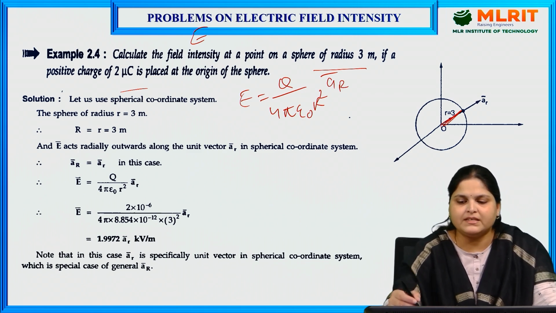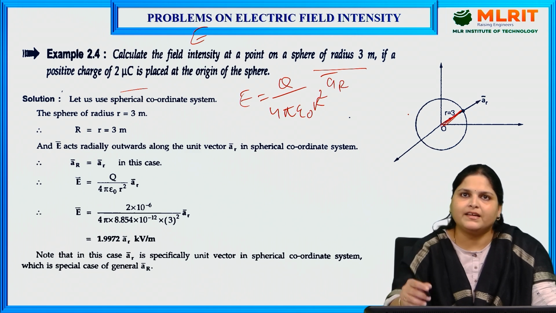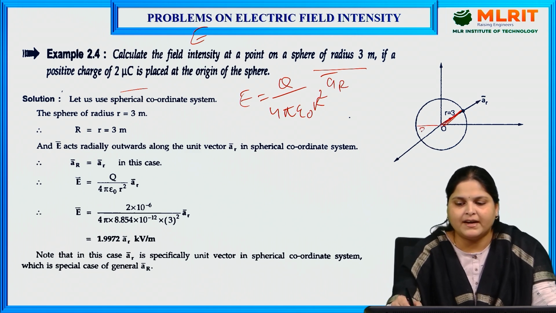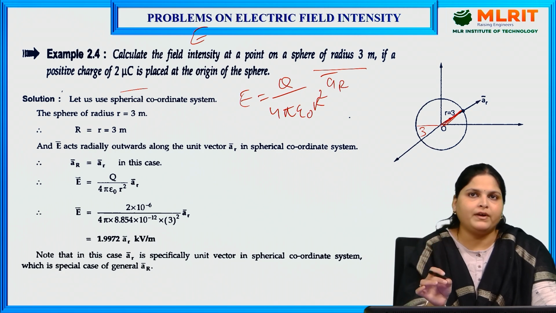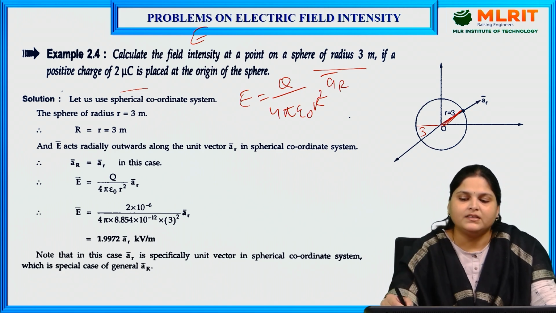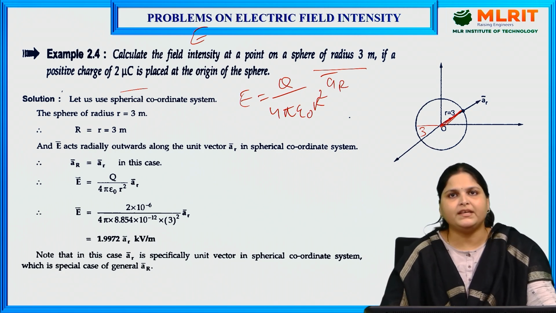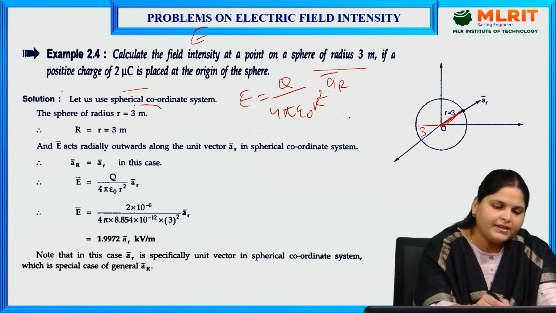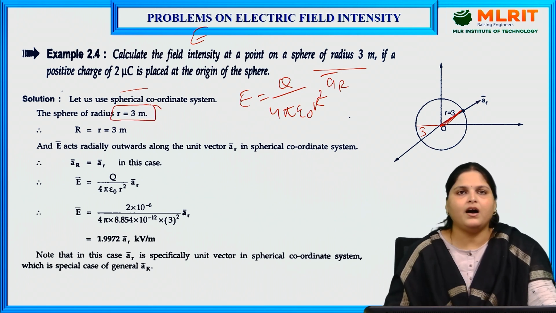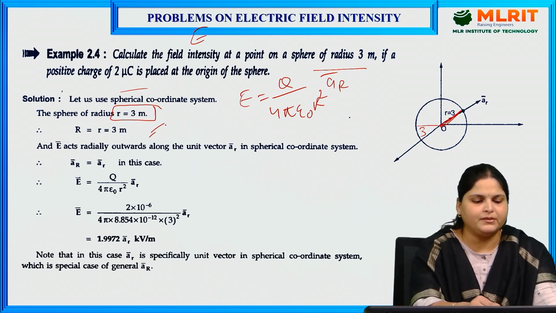So if we consider any point, as radius of the sphere is given as 3, that means the shortest distance between the point where we need to find the field intensity and the charge is 3 meter given. That is nothing but the radius. So radius, or we can say R, we already know it is 3 meter.